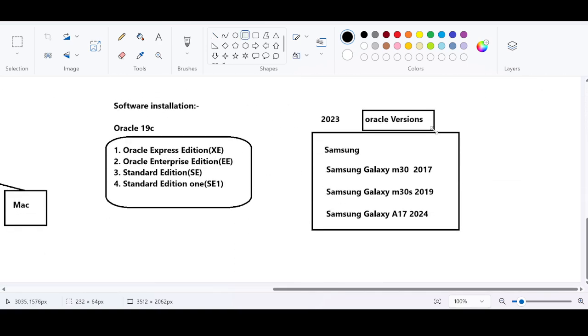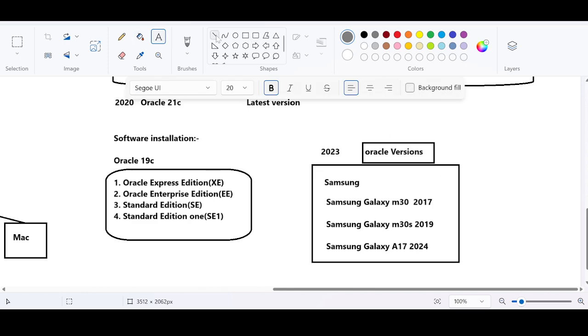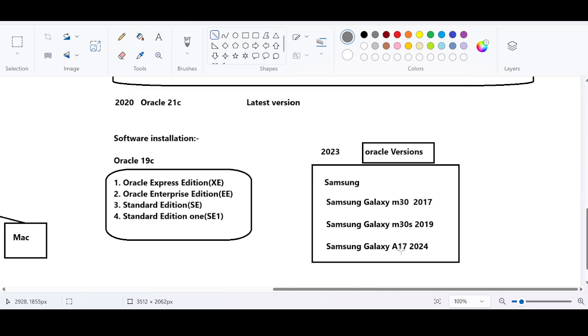But what about editions? What does edition mean? Again, I went to the showroom. He said, "Sir, we have a new version which is called A17." Inside this A17, there are variants. He showed me three variants.